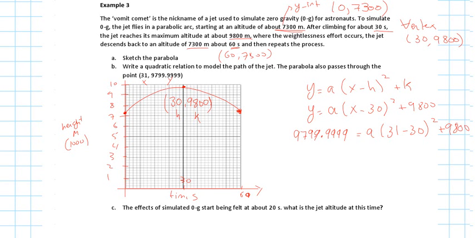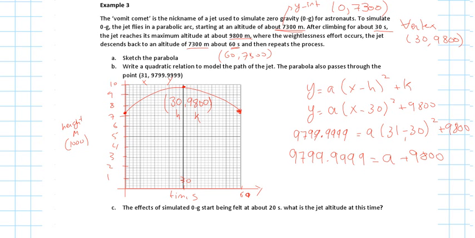BEDMAS says I have to do the 31 minus 30 first, which gives me 1. And then 1 squared is just 1, so just 1a. So I'm going to skip steps here. I'm just going to write a plus 9,800, because we already did this, 1 squared is just 1. If I bring the 9,800 over, it's going to become subtraction.